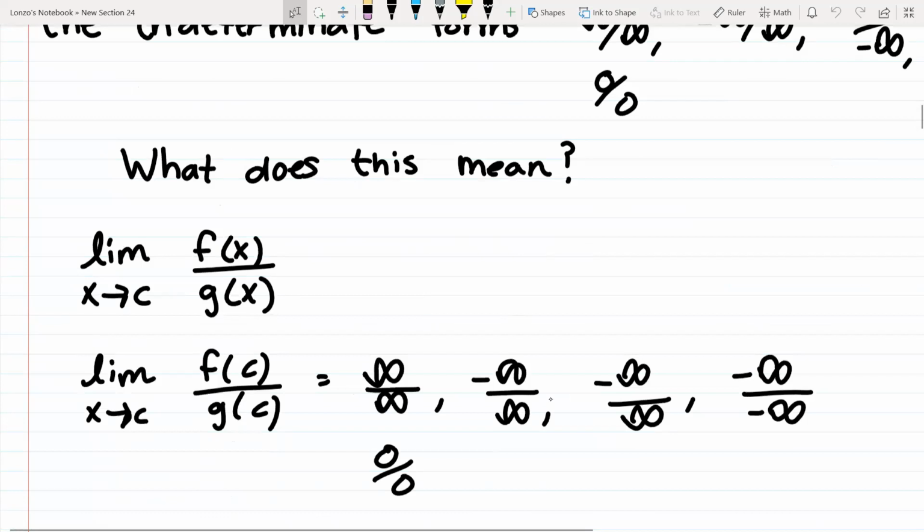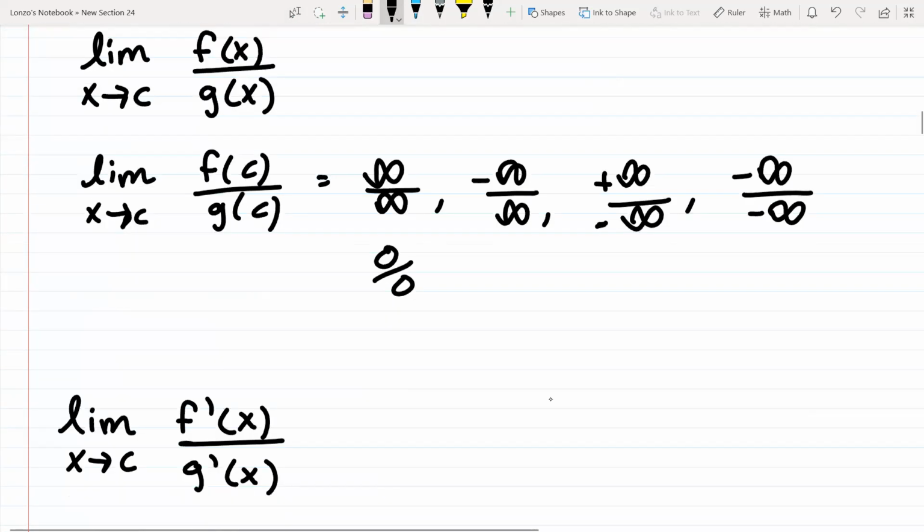If you have a limit as x approaches c of f of x over g of x, and when you put in c into the limit, your limit becomes infinity over infinity, negative infinity over positive infinity, positive infinity over negative infinity, negative infinity over negative infinity, or 0 over 0, you can do this.